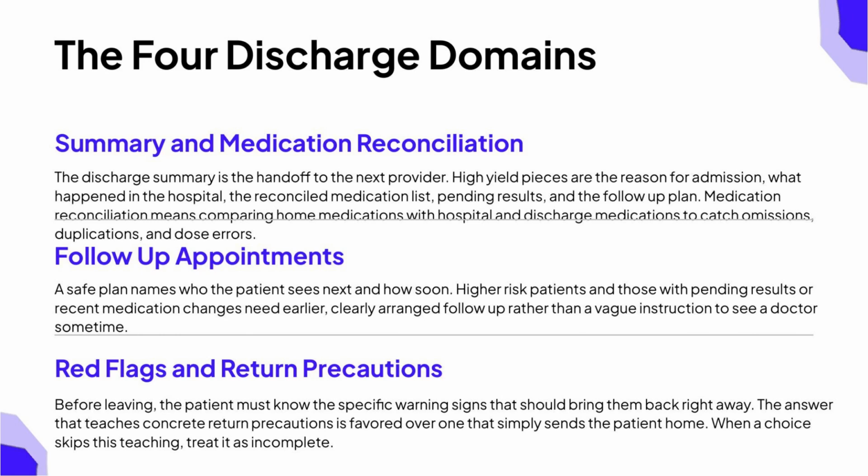Domain 2 is medication reconciliation, where you compare home, hospital, and discharge medications to catch omissions, duplications, and dose errors. Domain 3 is follow-up appointments, which should name who the patient sees and how soon, with higher-risk patients needing earlier and clearly arranged follow-up. Domain 4 is red flags and return precautions, where the patient must learn the specific warning signs that should bring them back. When a choice skips any of these, treat it as incomplete.